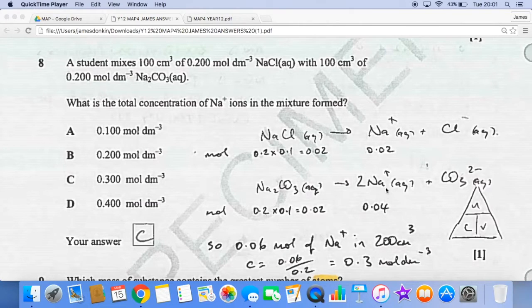Altogether, we've got that plus that moles of sodium ions, so that's 0.06, and they're in a combined volume of 200 cm cubed, so that's 0.2 of a decimeter cubed. So the concentration, moles divided by volume, comes out at 0.3, and so the answer was C.